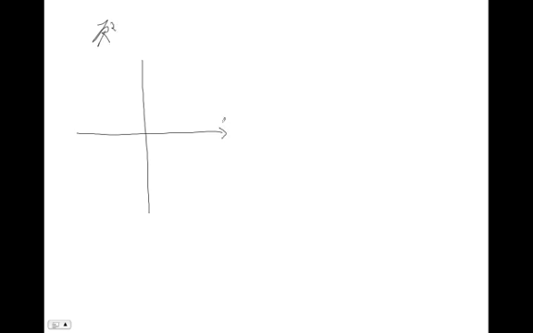Here's one component and here's the other component, and let's pretend our basis set was this vector here and this vector here. So our basis set in this case is Q1 equal to the vector 1, 0, Q2 equal to the vector 0, 1. Right? So here's Q1 and here's Q2.